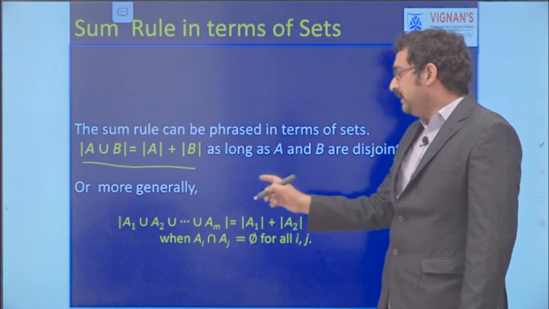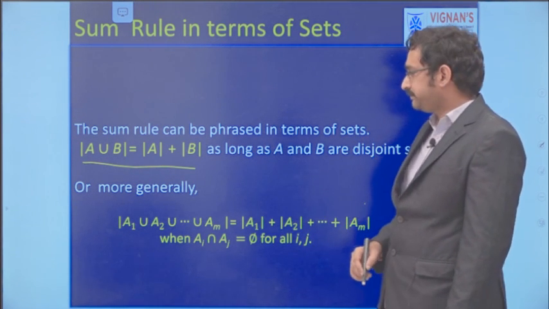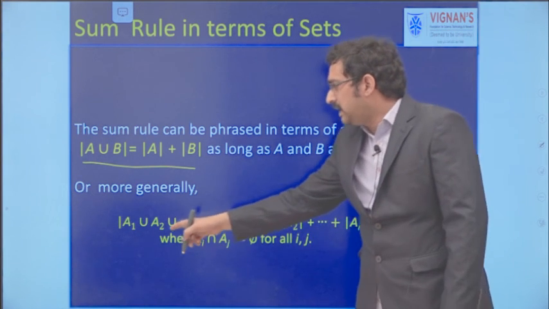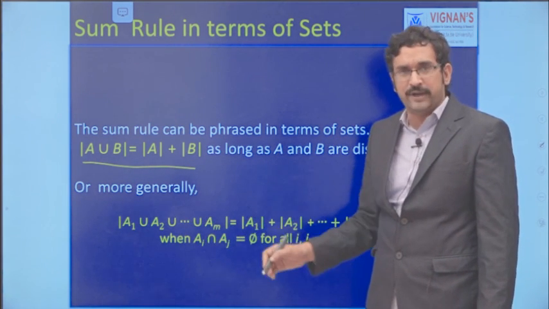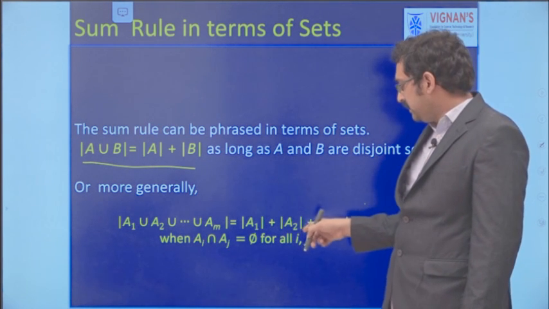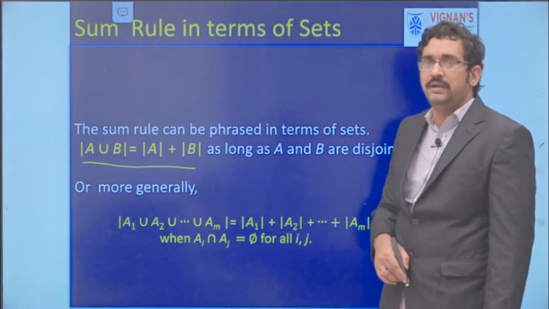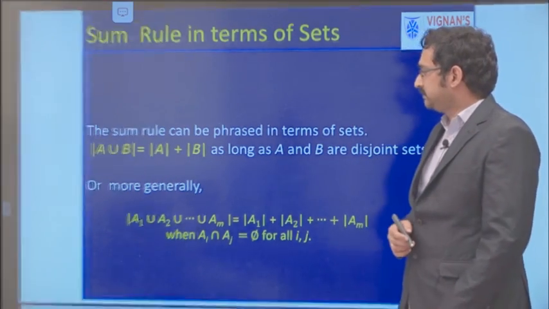That means the sets do not have any common element. So the cardinality of the union, where all sets are different, is the sum of the cardinalities. This is the sum rule in terms of sets.